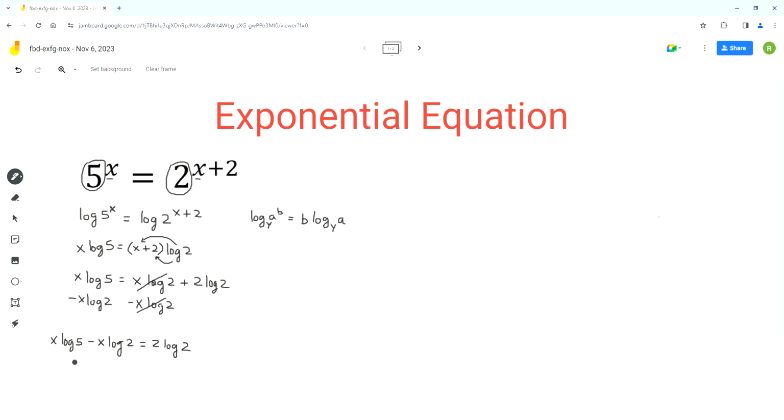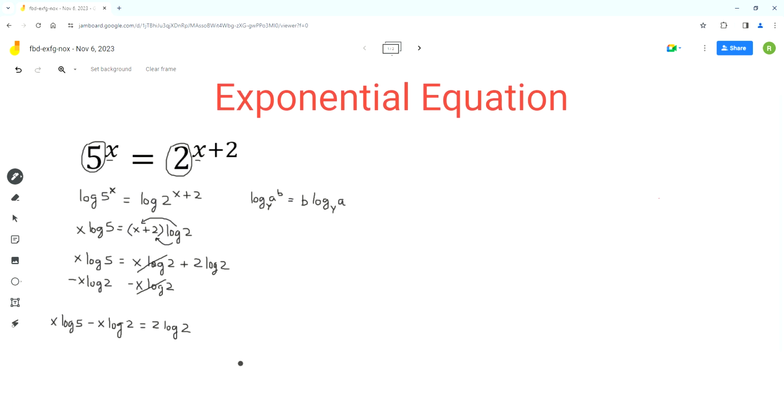Now we can factor out x from the terms on the left side because we have to isolate x, the variable in the equation. If we factor out x, we are left with log 5 minus log 2 in the parentheses. Now we can isolate x by dividing both sides by log 5 minus log 2.